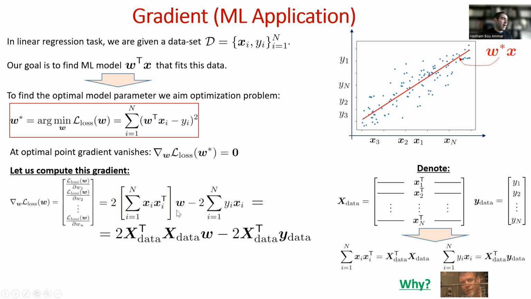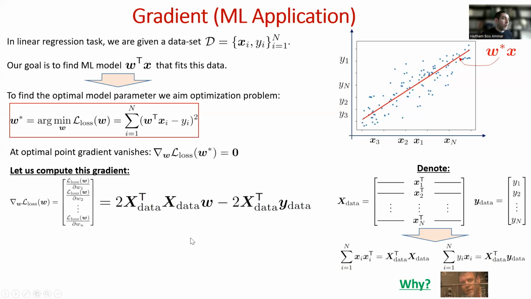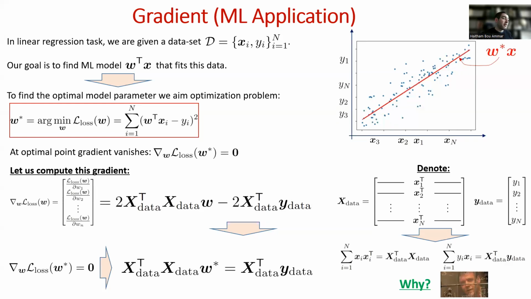Given that result, now we can rewrite our expression of the gradient in this more convenient vector form. And therefore, if we want to find the point W star at which the gradient vanishes, we want to make this expression equal to 0. That gives us this system of linear equations, which is also called the normal equation.